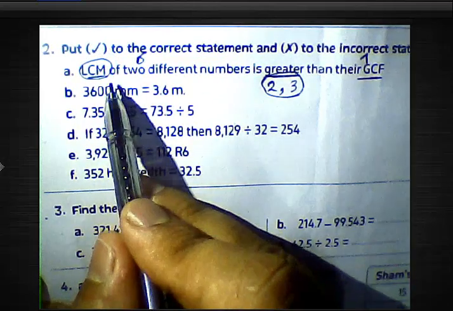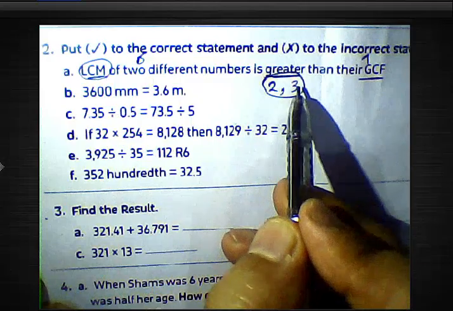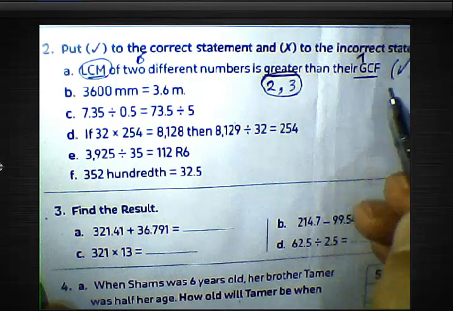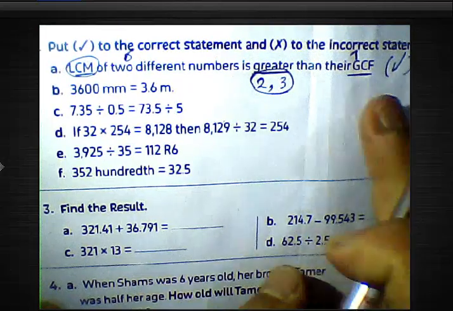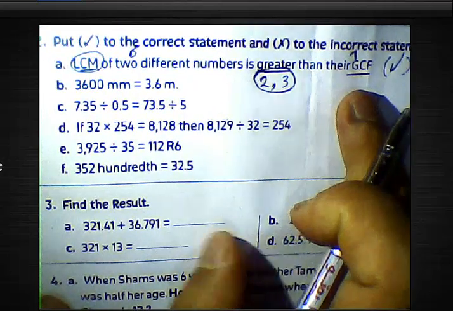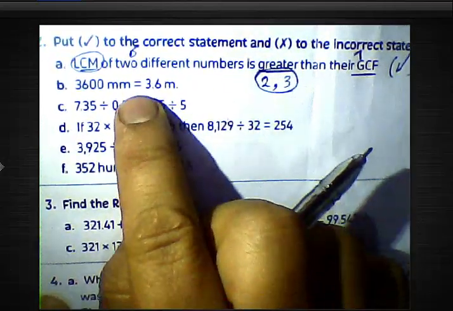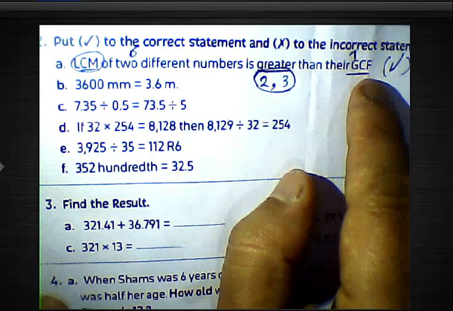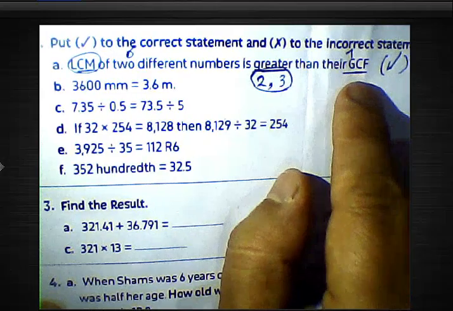So the least common multiple of two different numbers is greater than the greatest common factor. It will be true. Okay, you must know this information about least common multiple and greatest common factor.